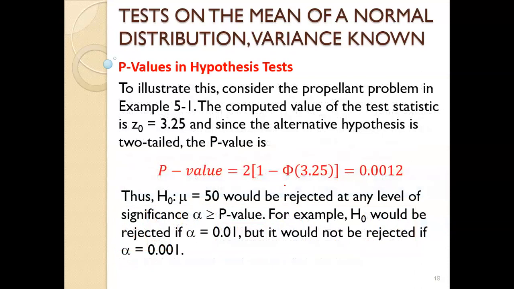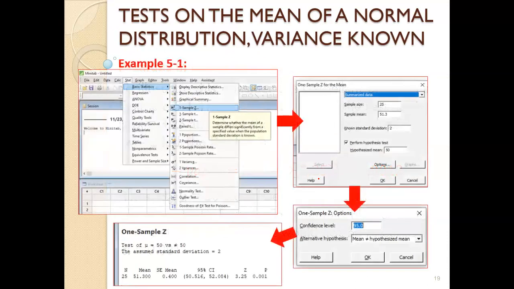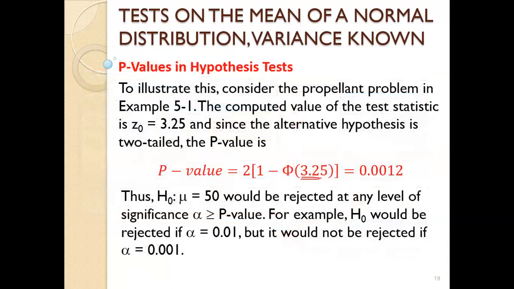The p-value equals 2 multiplied by 1 minus the probability at 3.25. If you use Excel, it is NORM.S.DIST. You calculate it and you get 0.0012.